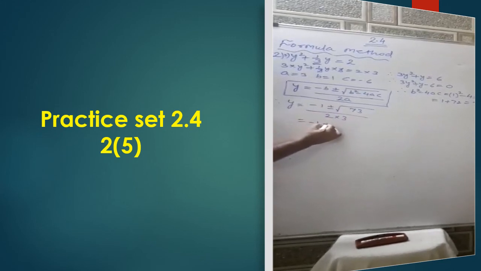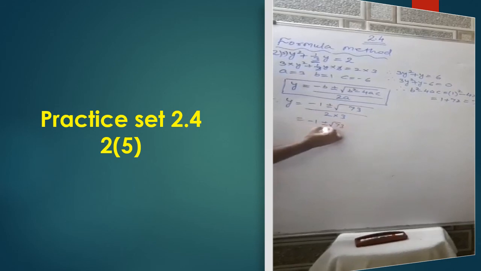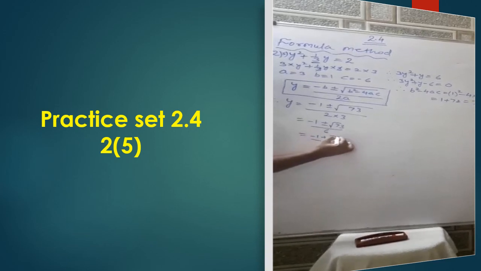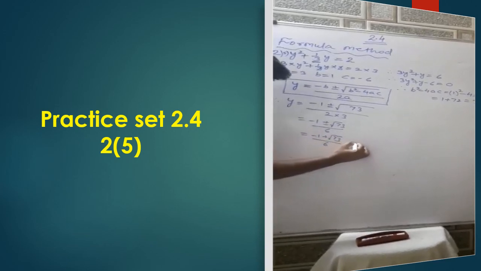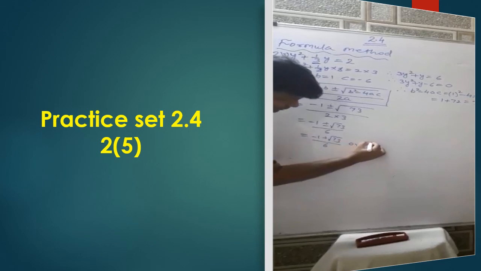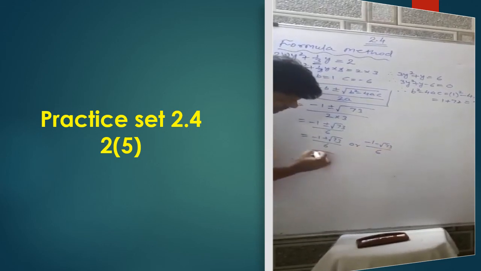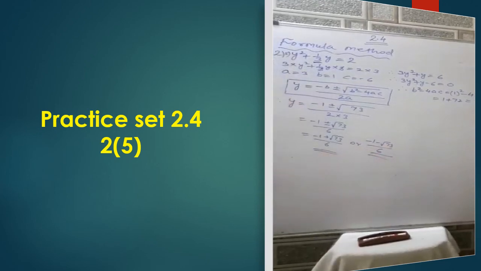So minus 1 plus minus under root 73 upon 6. So your final answer: minus 1 plus root 73 upon 6, or minus 1 minus root 73 upon 6. That's your final answer for fifth one.